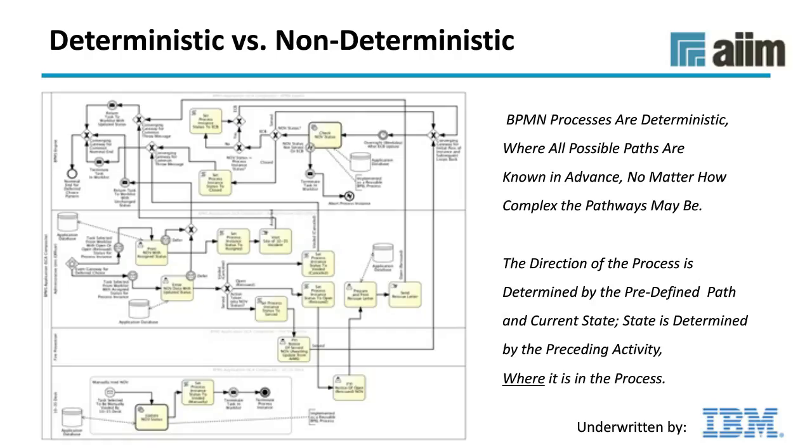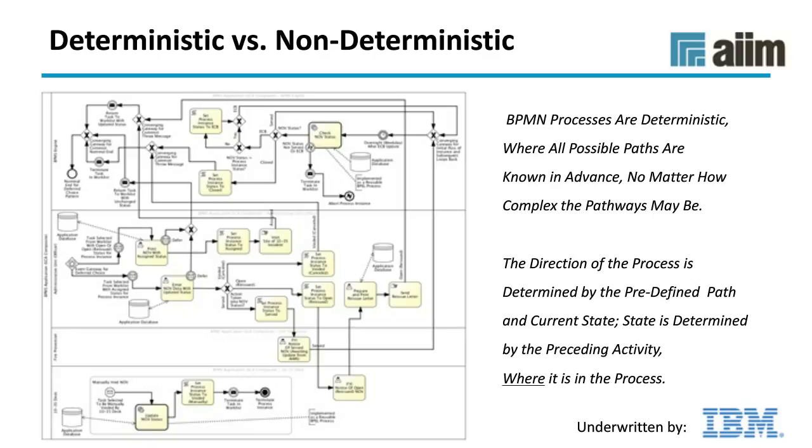All the pathways were defined, and if we wanted to know where we were in the process, it was prescribed by the process itself, not what was happening in that process. And that's really one of the key differences. This process is indifferent to the information that's flowing through it.